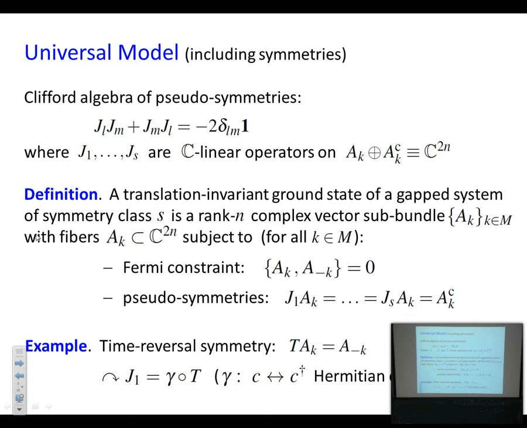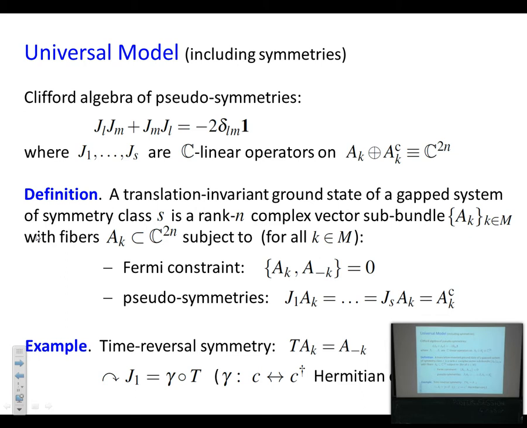So we've gone from k to minus k. If we now take the Hermitian conjugate, we go from annihilation to creation. We go back from minus k to plus k. So actually, we end up here. So J1, using this symmetry condition, does its pseudosymmetry job. It takes AK and transforms it into its orthogonal complement.